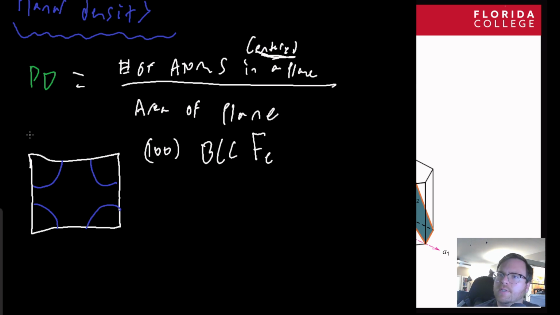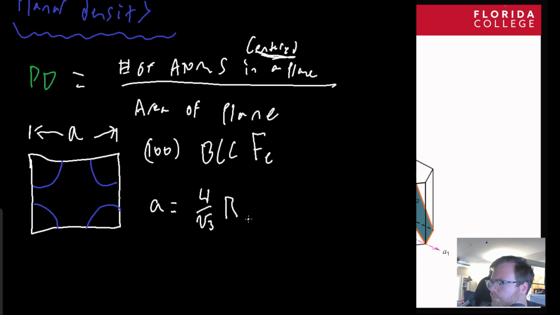Then this distance here, again, will be a. In this case, a is going to be equal to 4 over root 3 times R, where the R of iron is going to be equal to 0.124 nanometer. I have all these because I have them in my board notes.